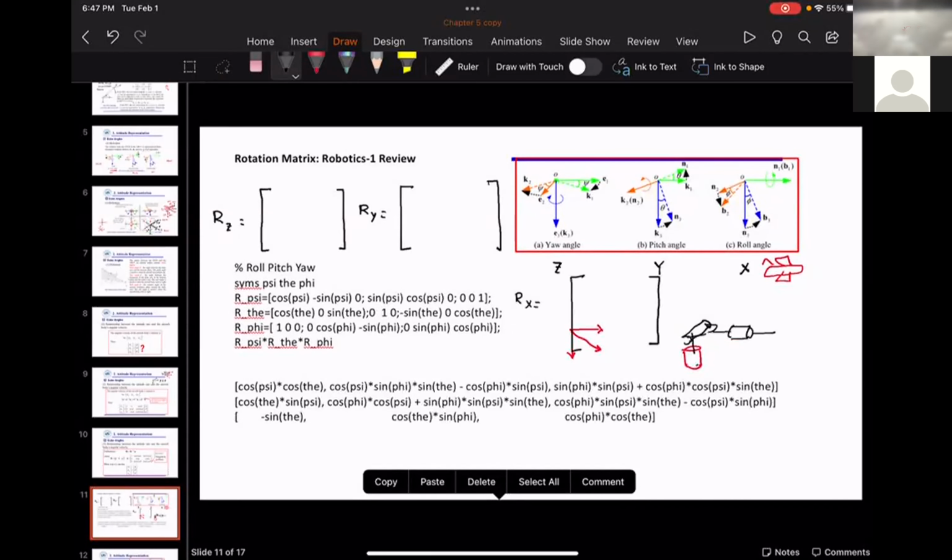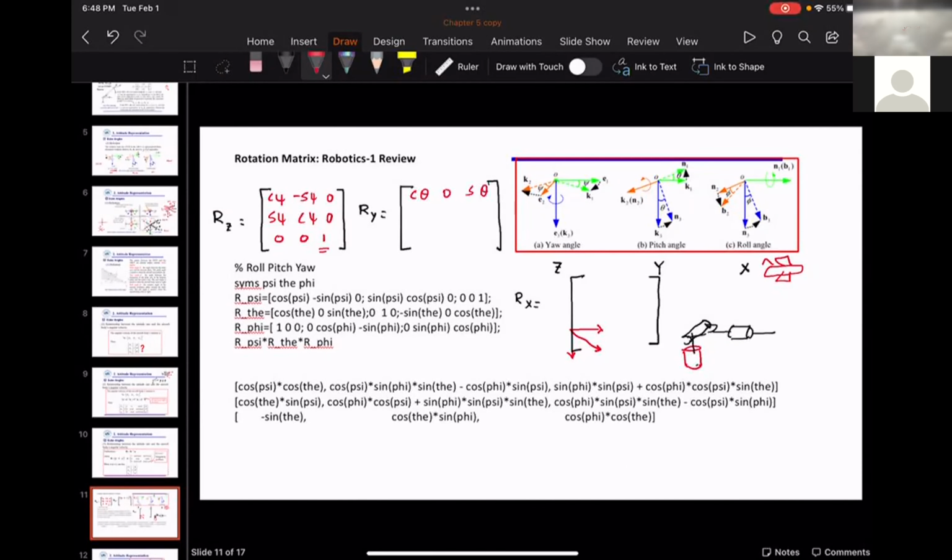From robotics 1, everyone understood that the z is the most common rotation matrix that we use. You agree with me? Which was something like cosine psi, minus sine psi, 0, sine psi, cosine psi, 0, 0, 0, 1. Remember, this is the rotation about z. Rotation about y is cosine theta, 0, sine theta. This is the rotation about y.